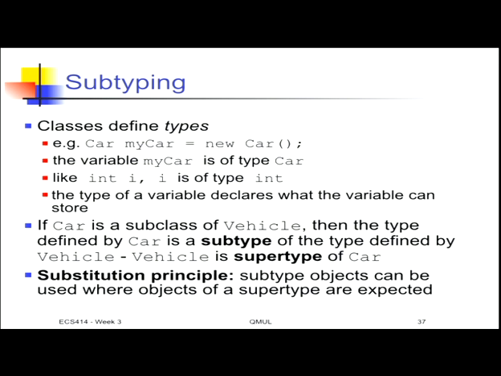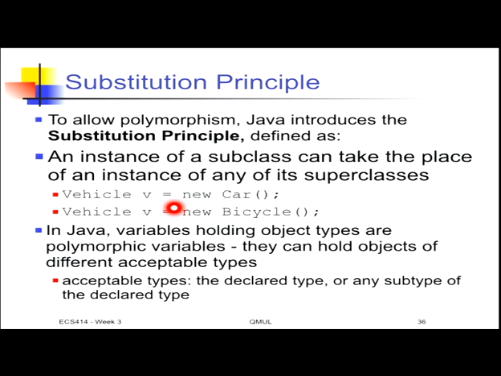So what we saw there is at the level of a variable initialization, but the principle is general. For example, we can apply this principle to the arguments of a method. So if you have a method that has as argument something of type vehicle, you can pass to that method an instance of a car.